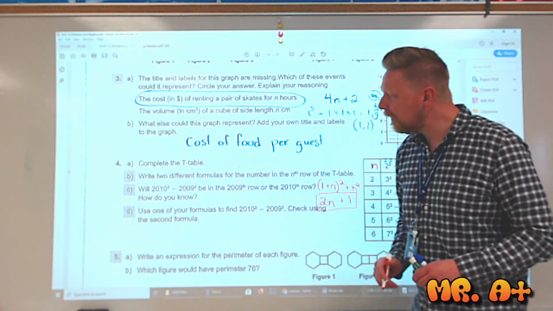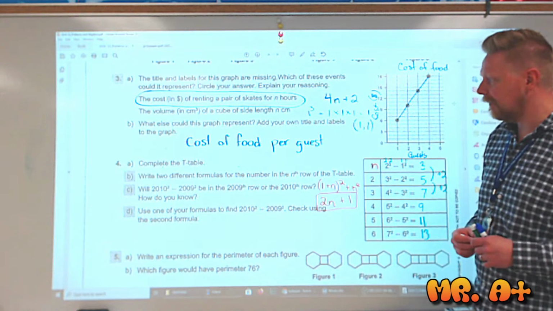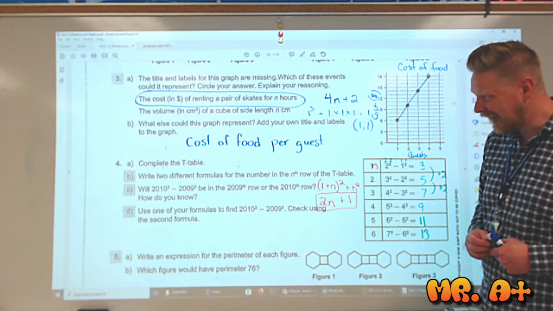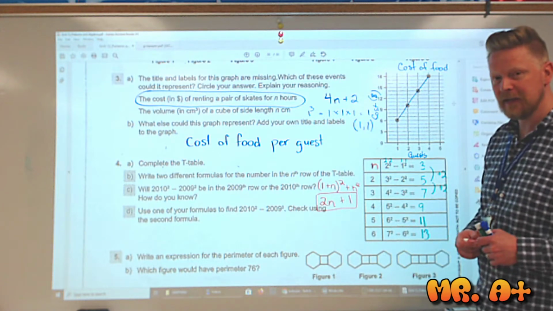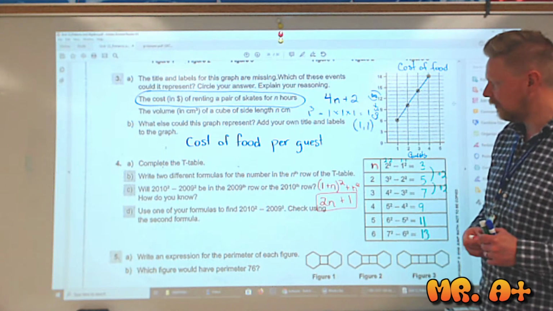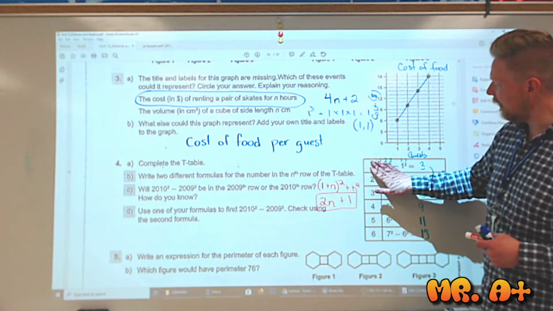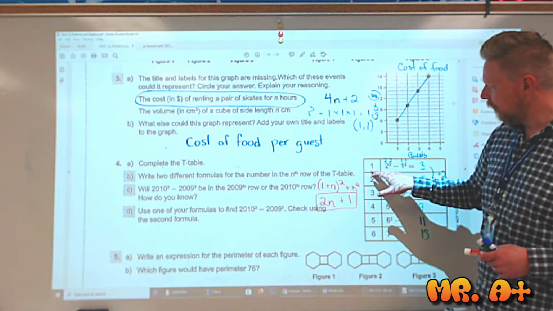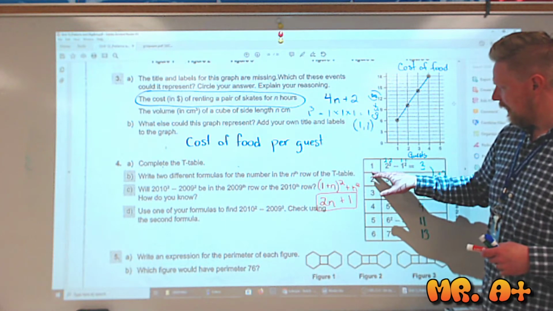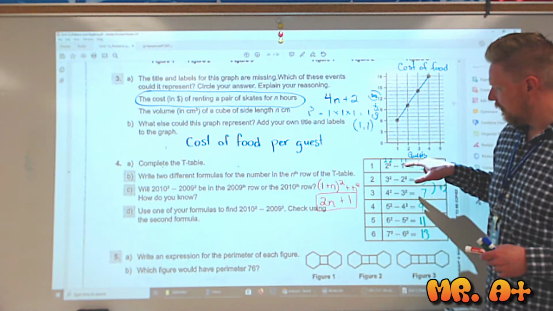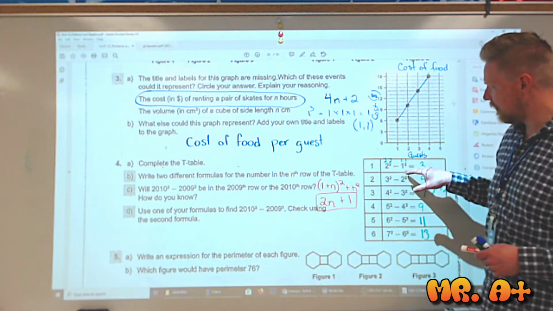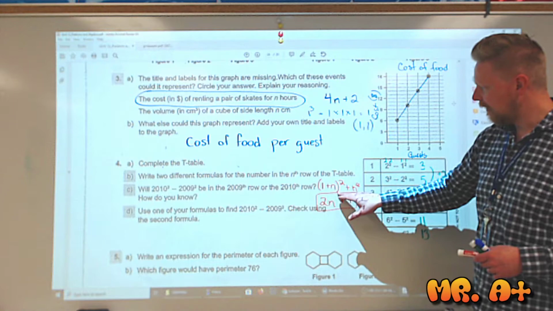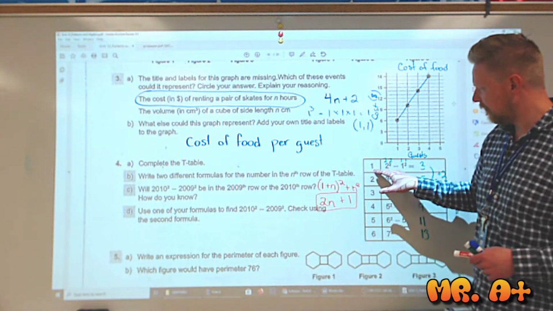Part C says, will 2010 squared subtract 2009 squared be in the 2009th row or the 2010th row? How do you know? So looking at these, my first row, row 1, is 2 squared subtract 1 squared. So I've got 1 plus n is in my first row.